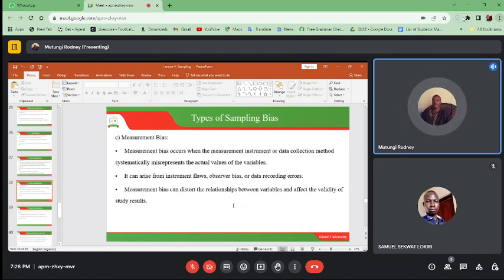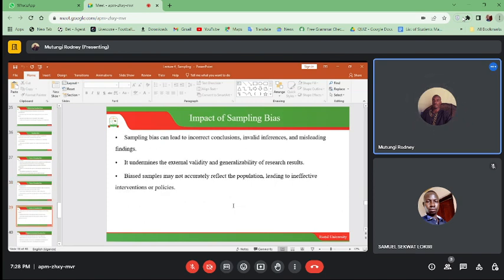Sometimes there could be instrument flaws. You could have a recording device that, instead of recording the focus group discussion as it took place, records part of it and leaves out the other. So you might miss out on very crucial information, and that can also lead to sampling bias.